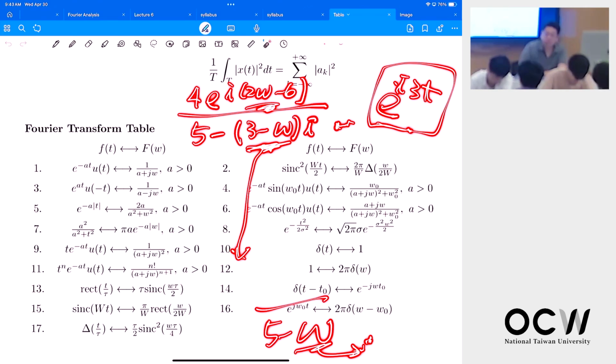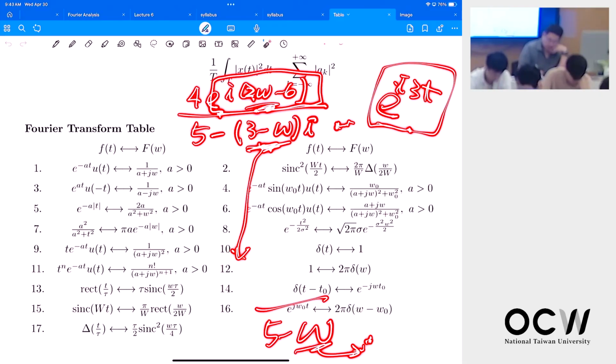All right, then what else? Now I also multiply by an exponential part. In frequency domain, if I multiply by an exponential part, what does that mean in time domain? I will shift by how much? Here I will shift by 2.